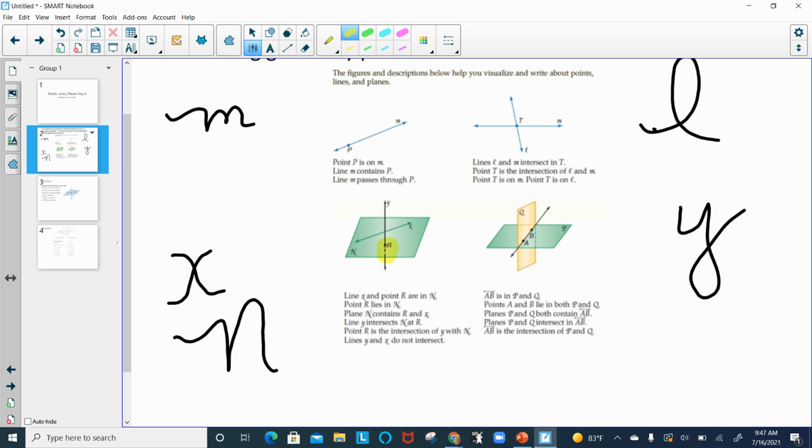Well, where it's cutting through is at point R, and then it's going to continue out below the green surface. So it's traveling in a vertical direction. So it's moving from above the green surface, touching the green surface at R, and going below the green surface.